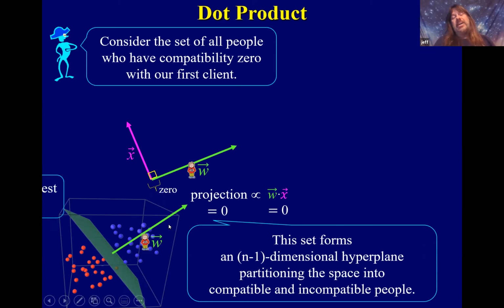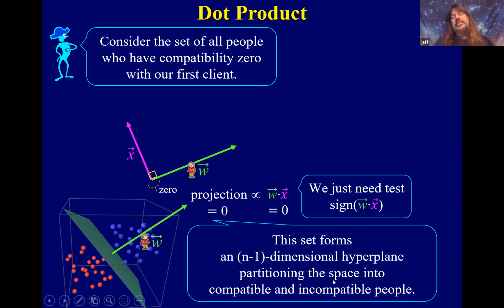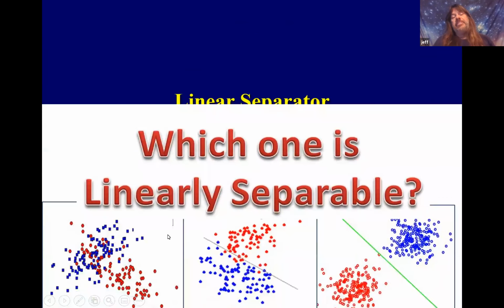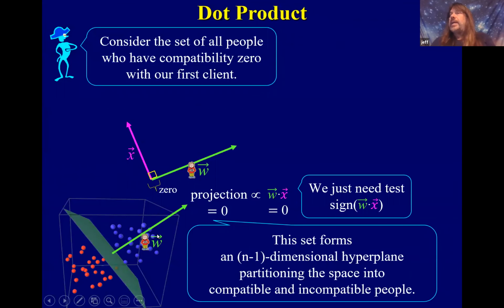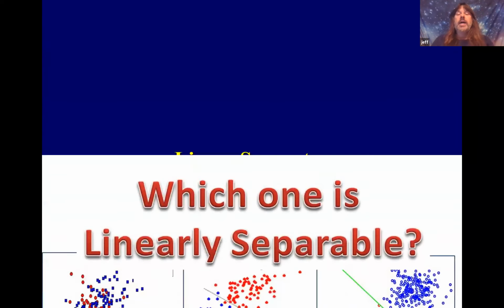Why is that cool? If you want to know which side of this plane you're on, whether you're a blue dot or a red dot, you take the dot product of the dot with the green W vector. If it's positive, you're on one side of the plane, and if it's negative, you're on the other side of the plane, right?